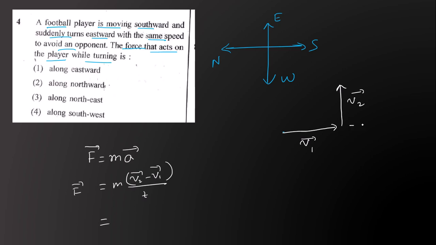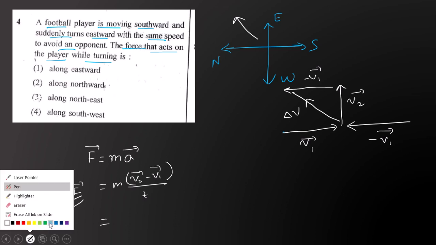How to take v2 minus v1? I will draw minus v1 here, and I will join this line. So v2 minus v1. I'm sorry, I should join it here. So this will be v1. So the direction of the change will be like this. So it will be towards northeast. So force will be towards northeast. Let's move on.